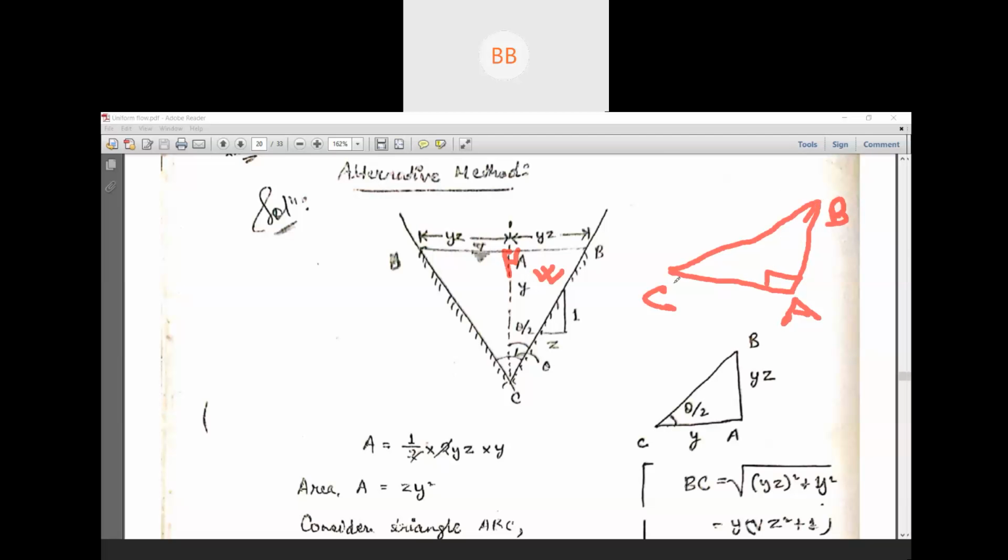So this is a right angle triangle. You can see here, this is your 90 degree. Here AB is nothing but your zy, or you can say yz, it's up to you. And AC is nothing but your depth of flow, that is y. That's why we have taken y here.